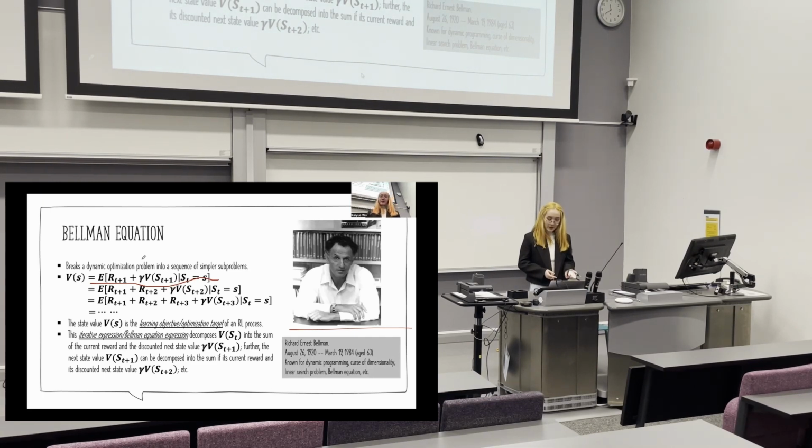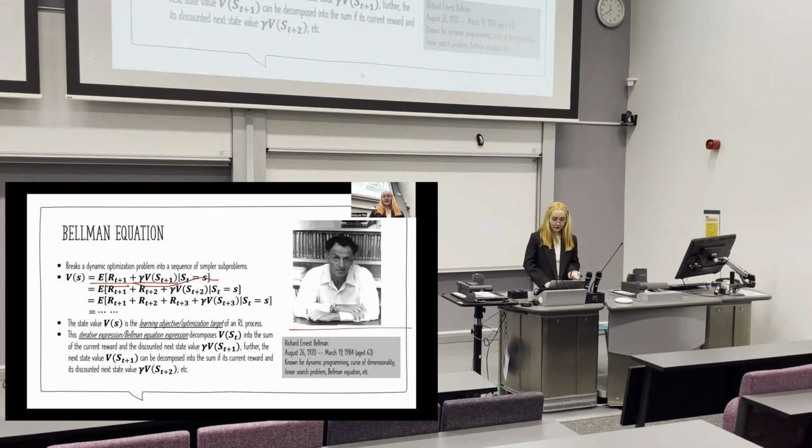With the idea of Bellman equation, we can decompose V(S_t) into the sum of the current reward, which is this R_t+1 here, and a discounted next state value, gamma times V(S_t+1). Hence, we come to this first expression.